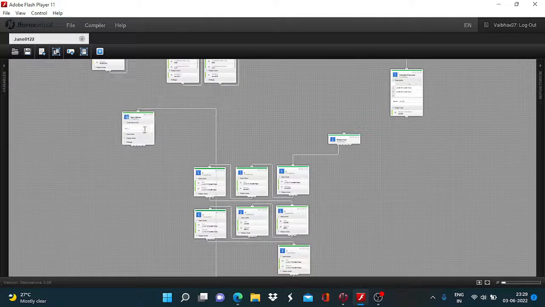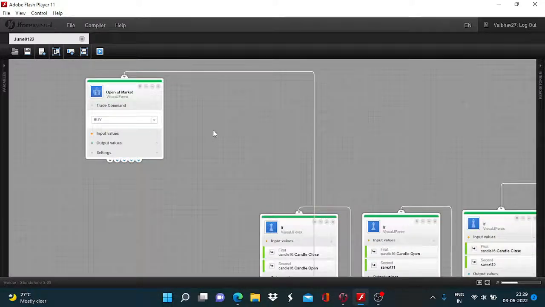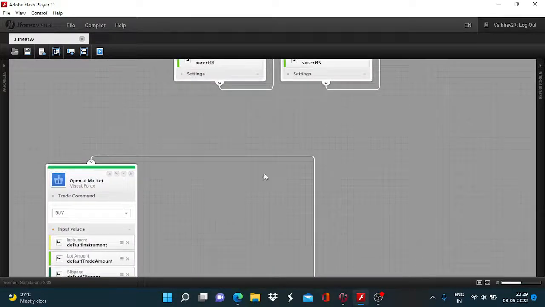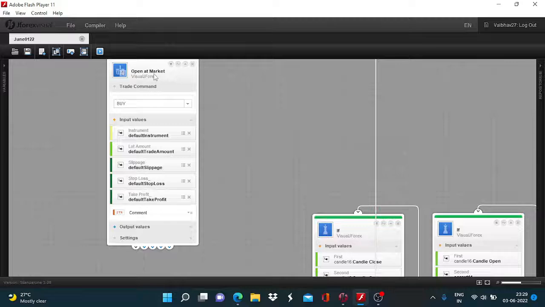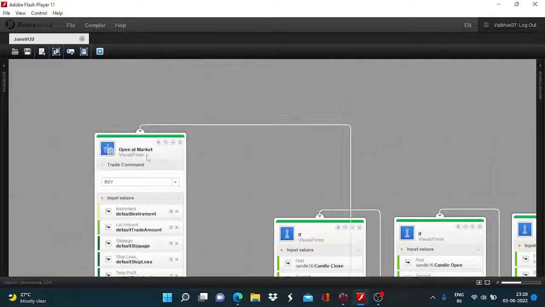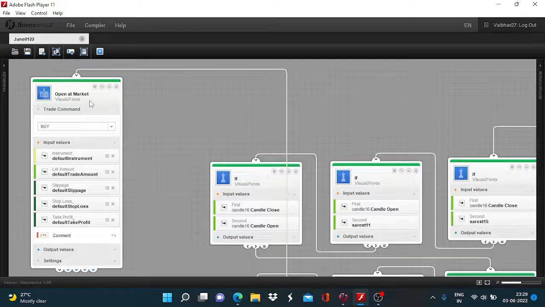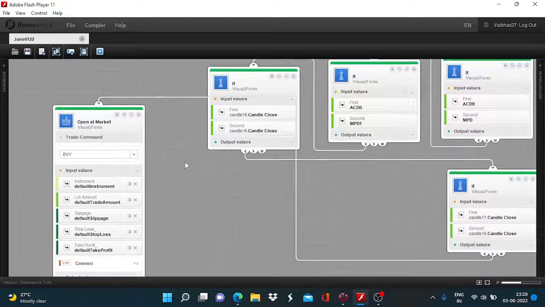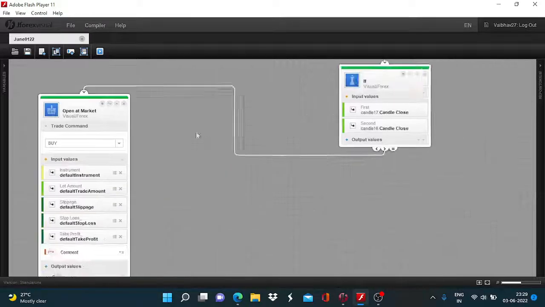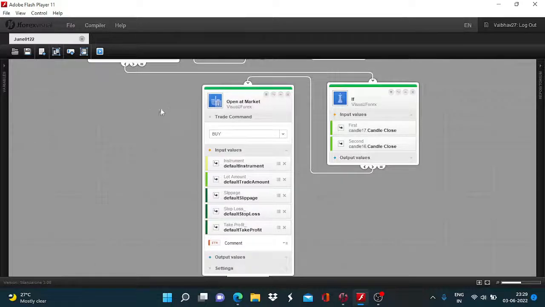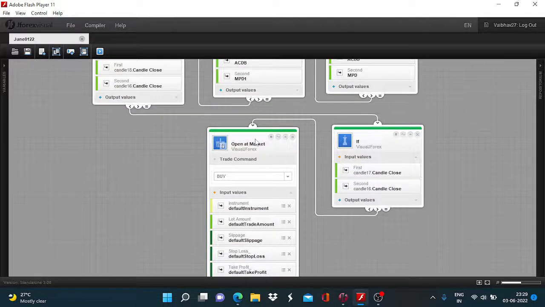All right. Now we have to define the parameters for this trade command block, and for that we will go with a default setup. We are not going to tinker much with the parameters to keep things simple to understand and simple to execute.